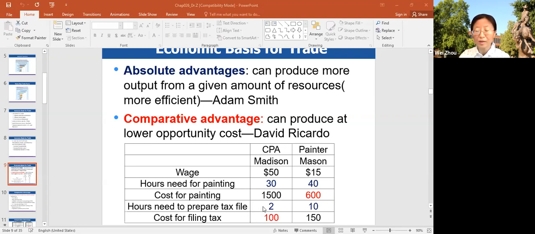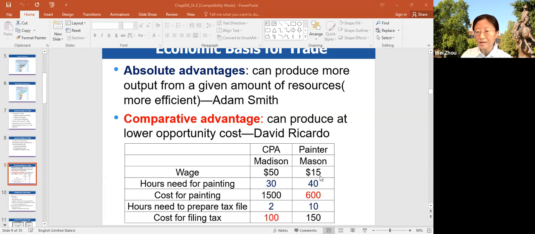But no matter whether you're Madison or Mason, you only have 24 hours a day, 7 days a week. So does Madison need to do both painting and preparing tax? Let's see how much it costs them. For Madison to paint the house takes 30 hours, but as a certified CPA his wage is $50, so if he used those 30 hours to paint the house, his opportunity cost is $1,500.